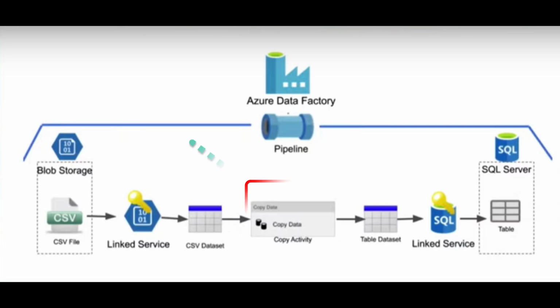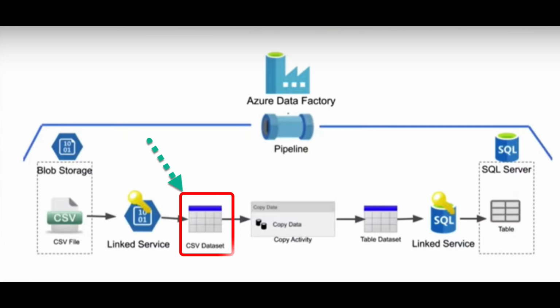The activities are the specific actions, like washing or chopping the fruits. Those are the actions that happen inside the pipeline. So in ADF, activities can be data movement, data transformation or control activities.